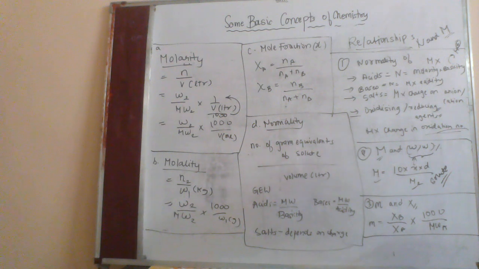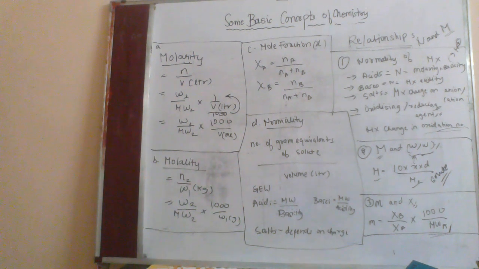MWA, first of all, A first is solvent, so it is molecular weight of solvent. Psi B means B second, again it's solute. So mole fraction of solute divided by mole fraction of solvent into 1000 by molecular weight of solvent. So these were the concentration terms and the relationships.